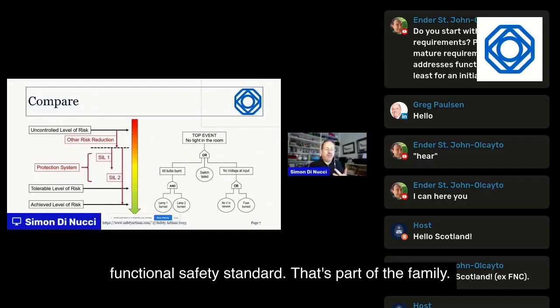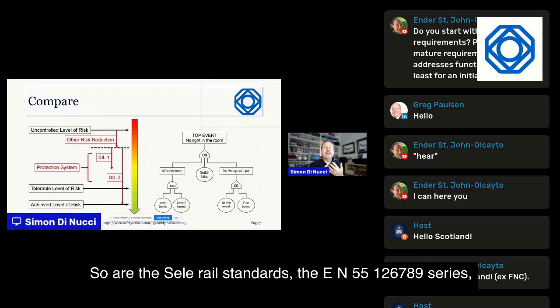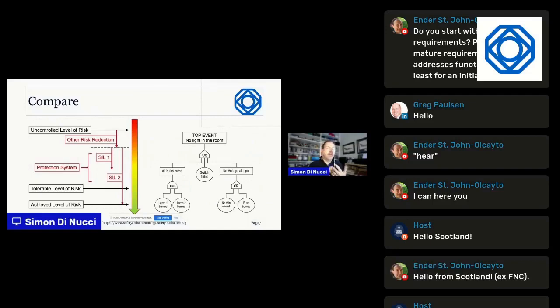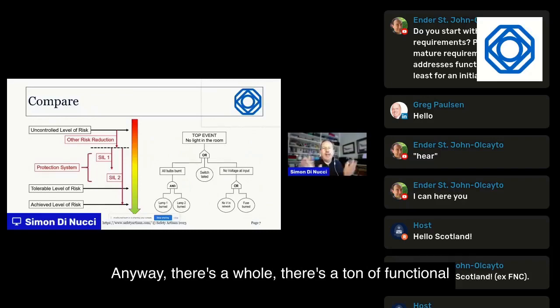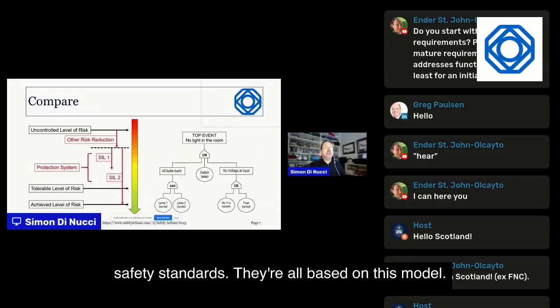That's part of the family. So are the CENELEC rail standards, the EN 50126, 50128, 50129 series, and IEC 61511, which is safety instrumentation. Anyway, there's a ton of functional safety standards. They're all based on this model.